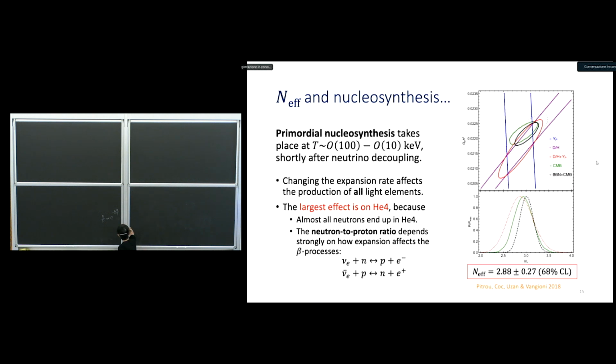It's a question of when these processes freeze out, okay? Then you freeze in this number, and so the later it freezes out, the smaller the T is, and therefore the larger this is, and therefore the smaller this is. And then you have to worry about neutron decay.